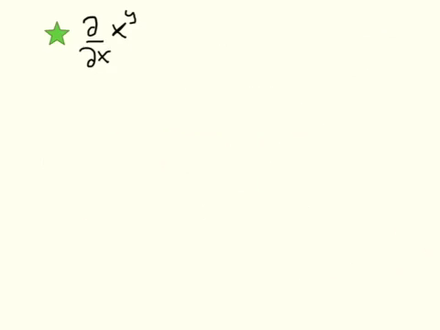So for this exercise we're differentiating with respect to x, x to some power y. So for a partial derivative, y, as far as the derivative with respect to x is concerned, is a constant. So all we have to do is just to recall the very standard formula that the derivative with respect to x of x to the n, where n is some constant, is n times x to the n minus 1.